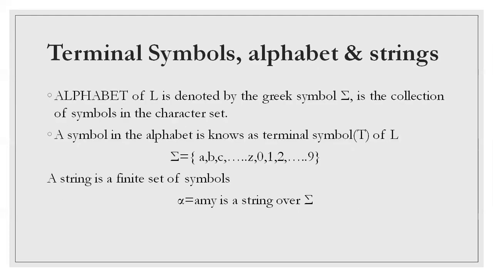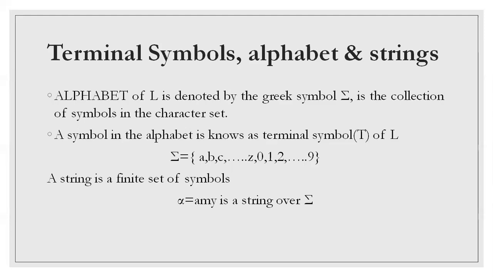This lecture will cover a lot of topics from the subject Theory of Computation. You know what is meant by terminal symbol, alphabet and strings, but we will still have a look. The alphabet of language L is denoted by the Greek symbol sigma. It is the collection of symbols in the character set.